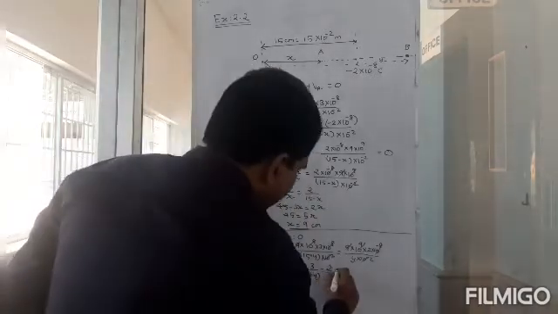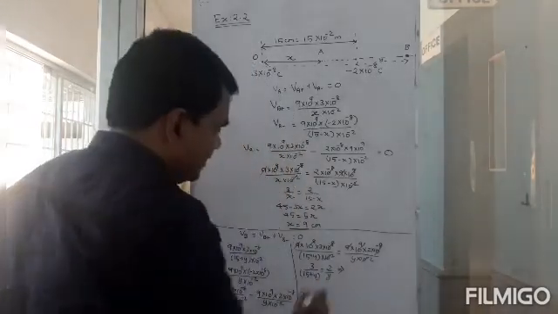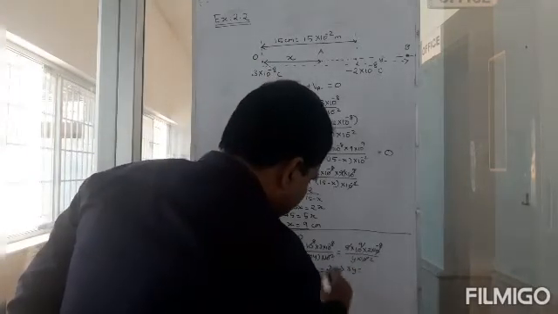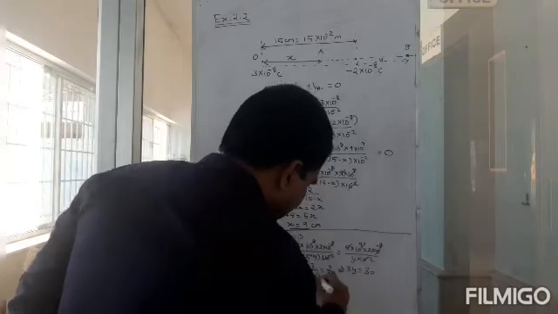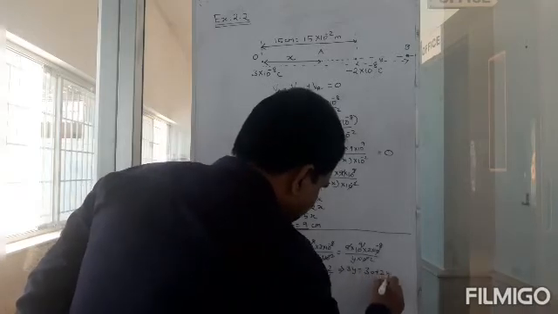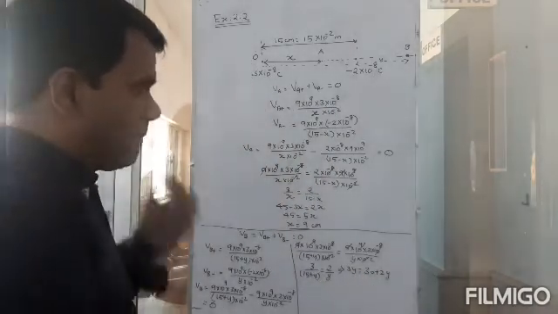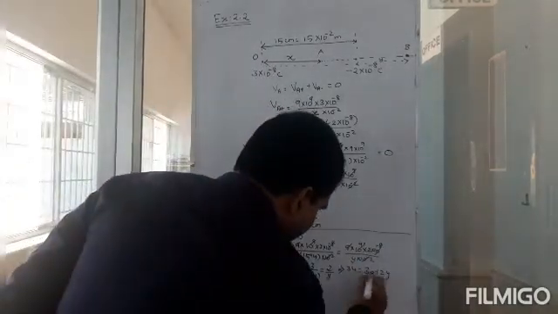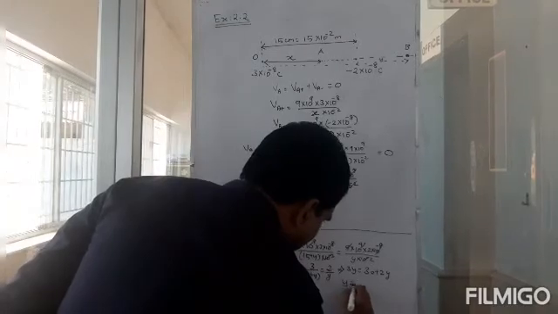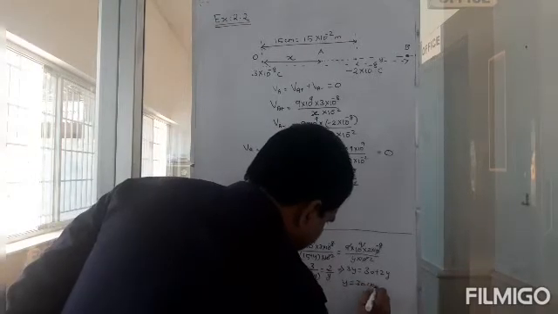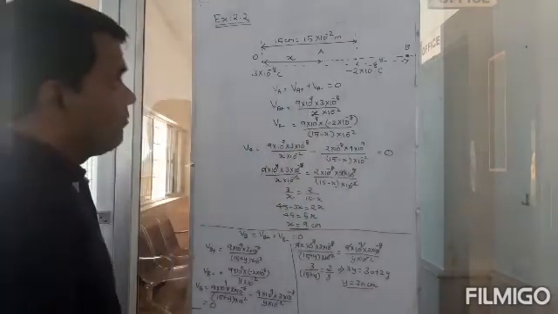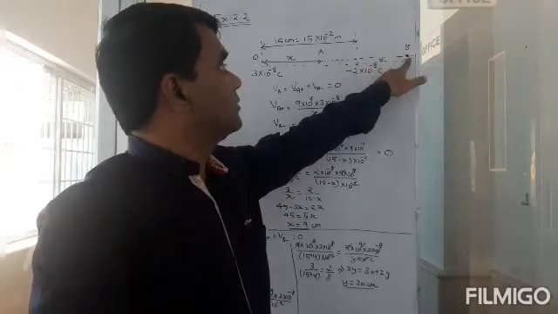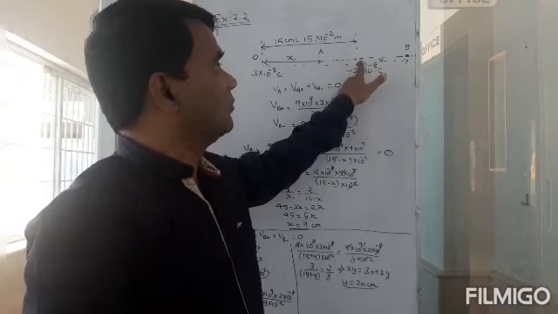So this gives me 3y equals 30 plus 2y. Okay, so if I bring it here, then y is equal to 30 centimeters. Then this point B is 30 centimeters from the negative charge.